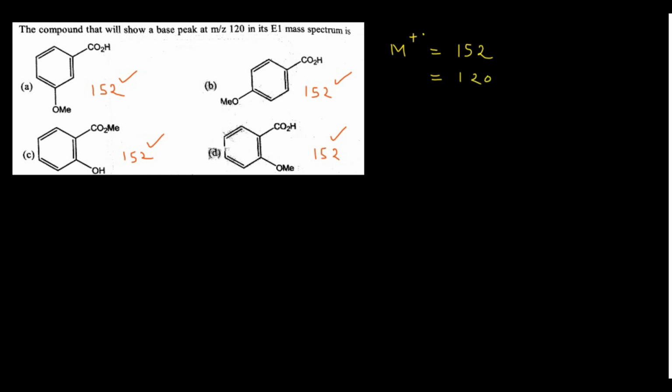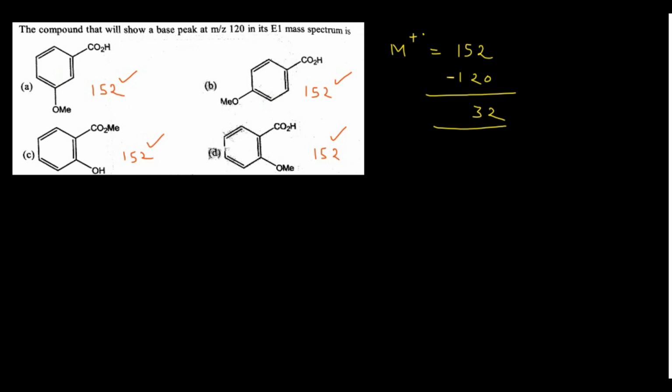So if you take the difference of these two, I can put a negative sign here. When you subtract these two, you will have 32, right? So that means one of these molecules must lose this 32 unit to give a peak at 120. This is a little trick you need to understand.